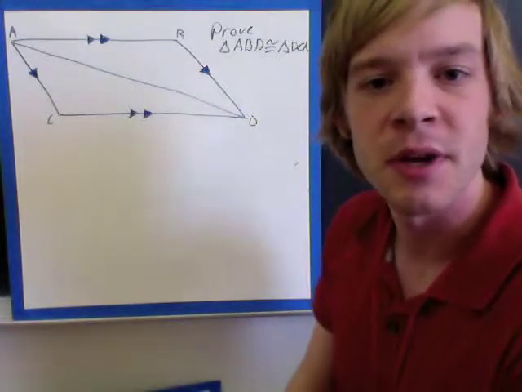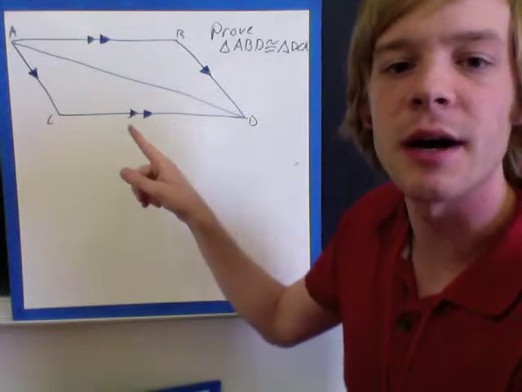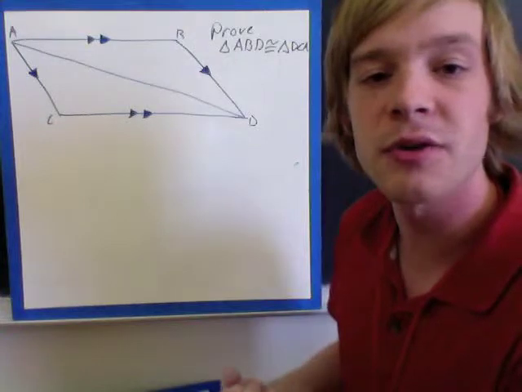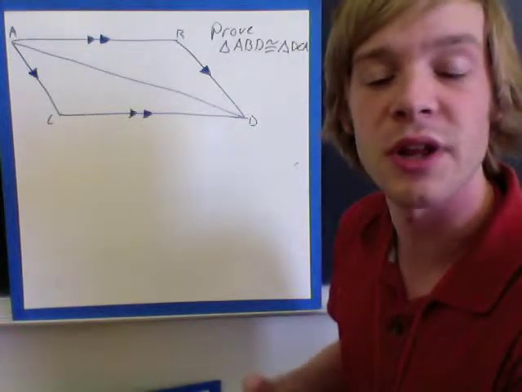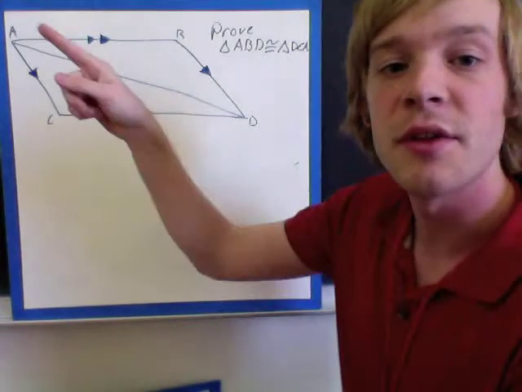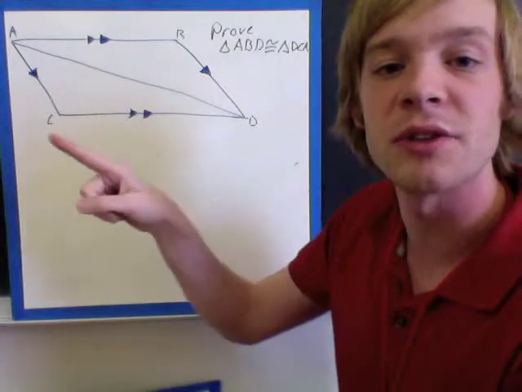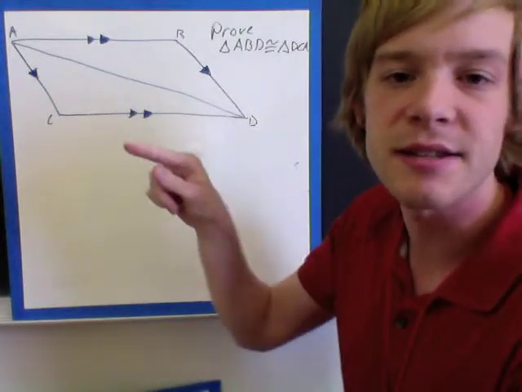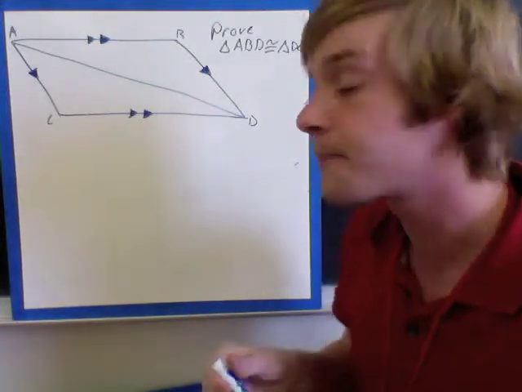triangle right here. Now we see we've got sets of arrows here, and we should remember that these arrows tell us that those lines are parallel. So for instance, the line AB is parallel to the line CD, and the line BD is parallel to the line AC. And these are our givens.